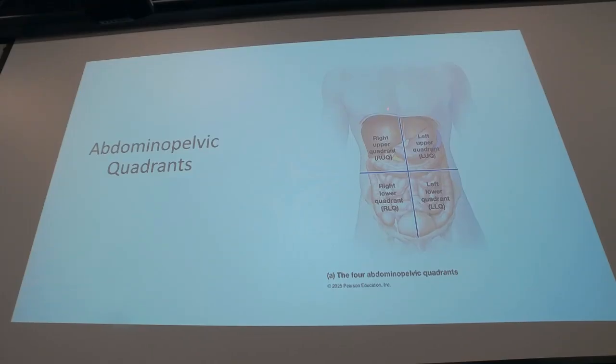So here we have a mid-sagittal section that runs from the diaphragm. The diaphragm is a muscle that divides the thoracic cavity from the abdominal cavity. So this one will run from the diaphragm up to the pubic symphysis.